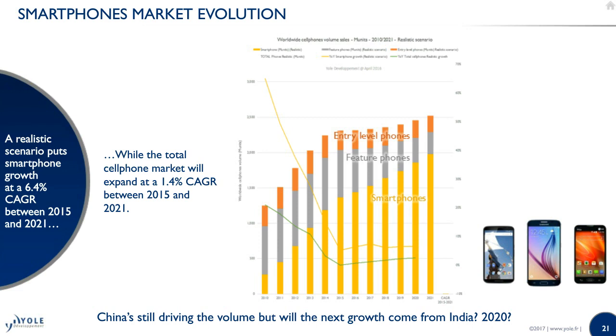And I'm sure Indian players would love to copy this ecosystem to again have some growth in this region. Okay, so worldwide cell phone plateauing, but the good news is that smartphone still has a dynamic growth.